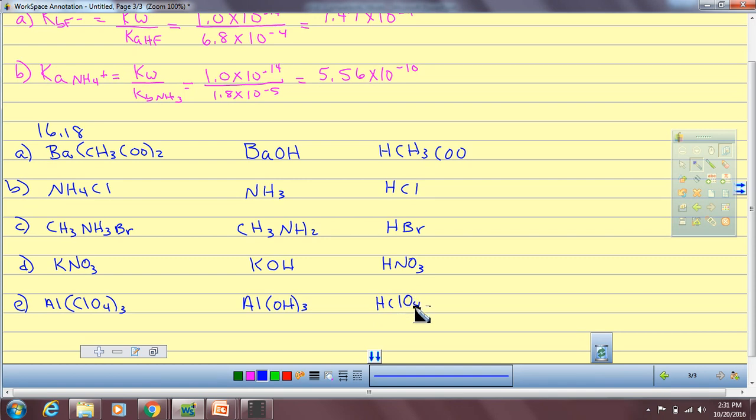Go through and determine which are weak and which are strong, and what we find is A is basic, B is acidic. Whichever one is the strong one is going to determine the acidity or basicity of your solution. C is acidic. D is neutral. And E is acidic.